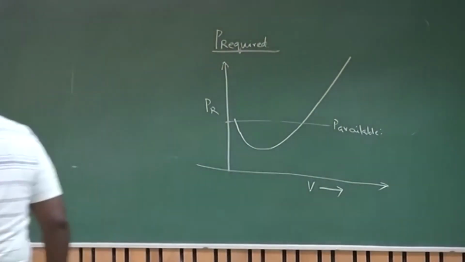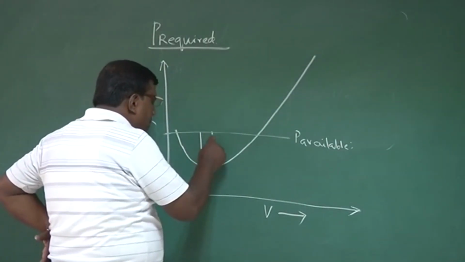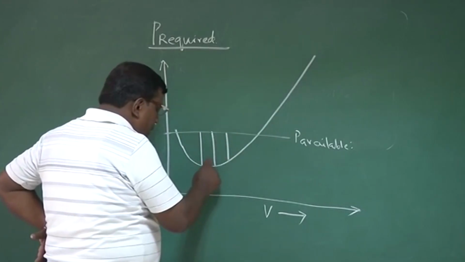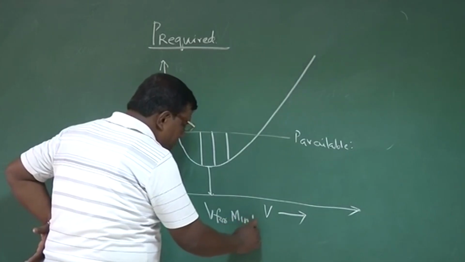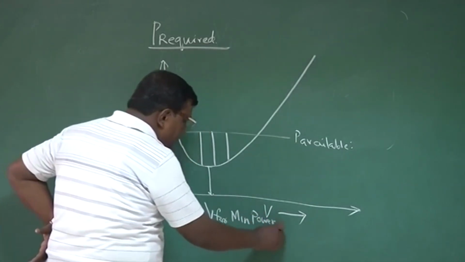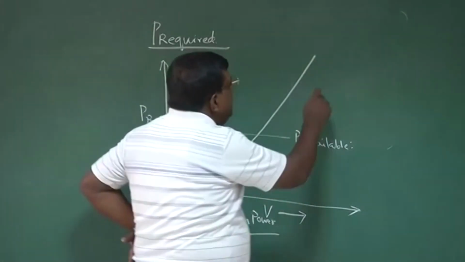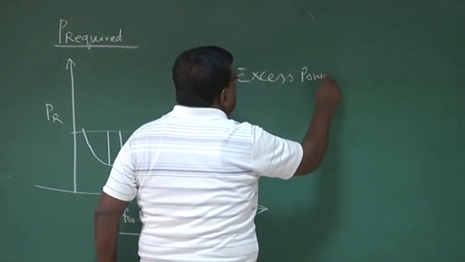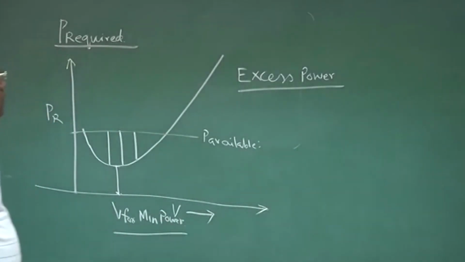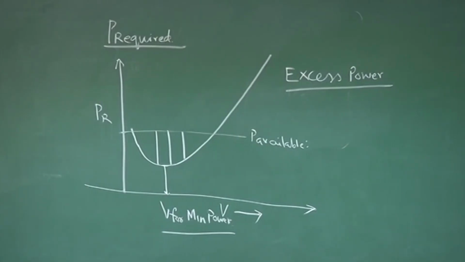We'll be talking about them later. Now let's see here. This is the V for minimum power, right? But what are these lines? This gap, as I was mentioning, is excess power. And let us see how we can utilize this excess power in adding value to the performance of an airplane, right?